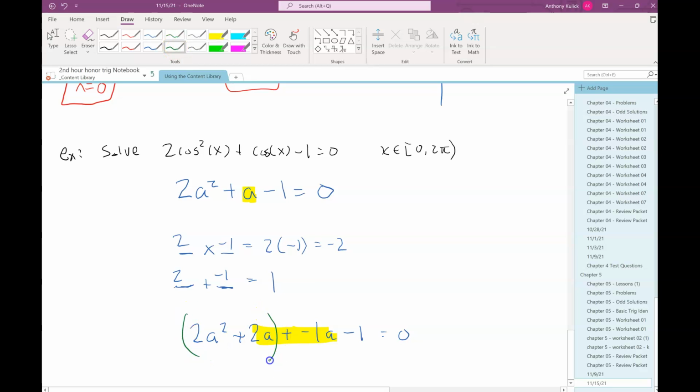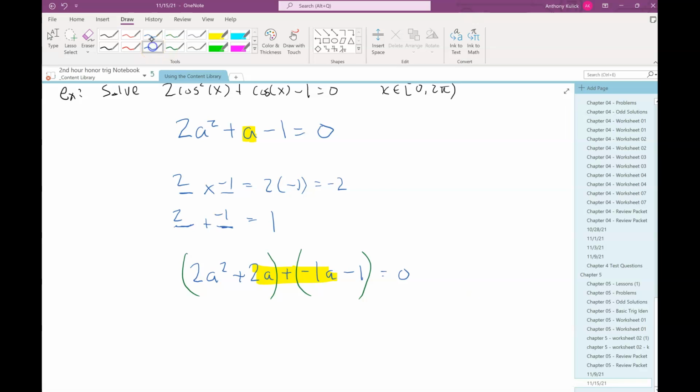The reason I want to do that is because I'm going to make two groups. From the first group, I'm going to take out the greatest common factor of 2a. When I take out the 2a, what's left? A plus 1, very good. And from the second group, greatest common factor is -1.